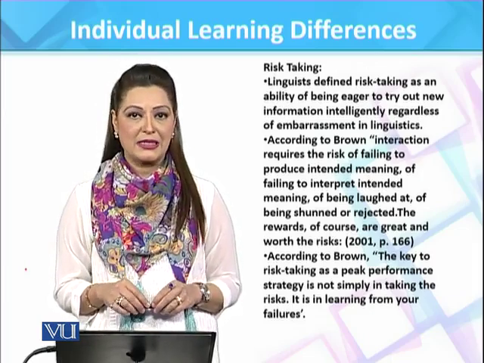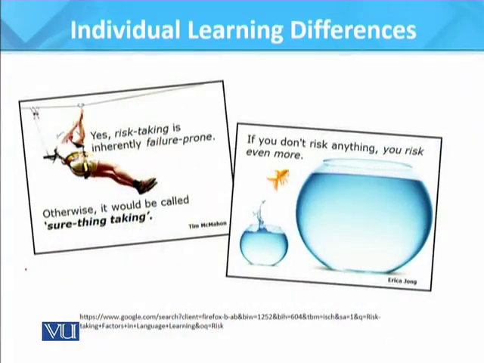And as you can see from this image, risk-taking is inherently failure-prone. The chances of failure, of not meeting the desired outcome, are there. The possibilities are there, and that is why it is a risk-taking and not a sure-thing-taking trait.